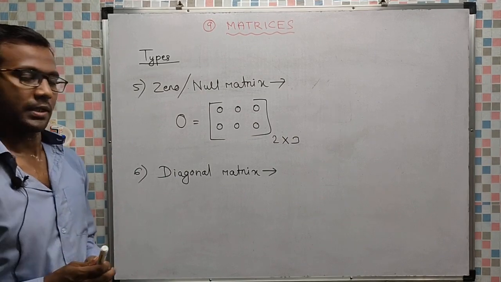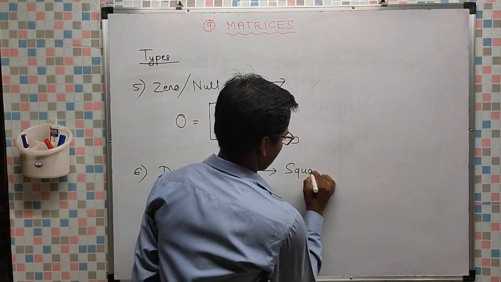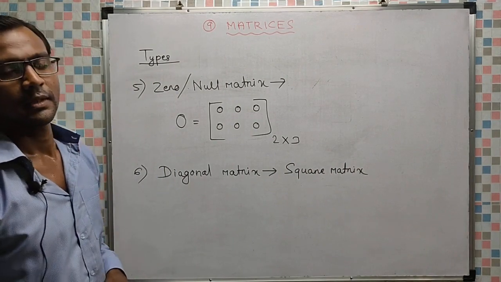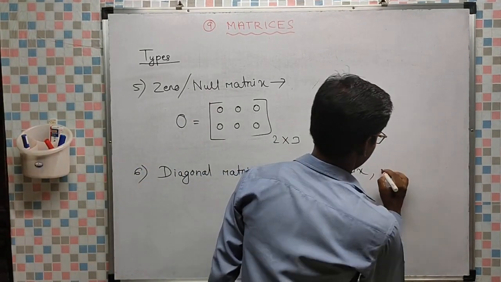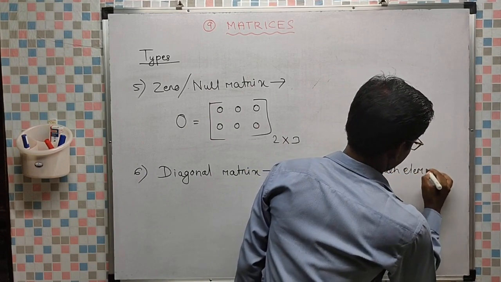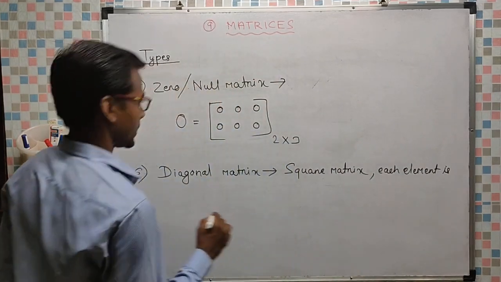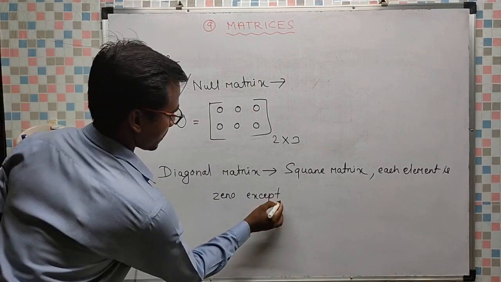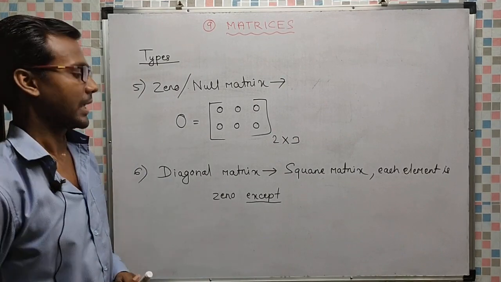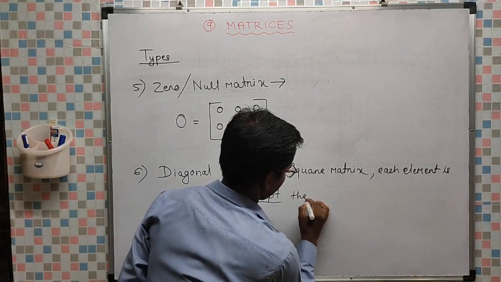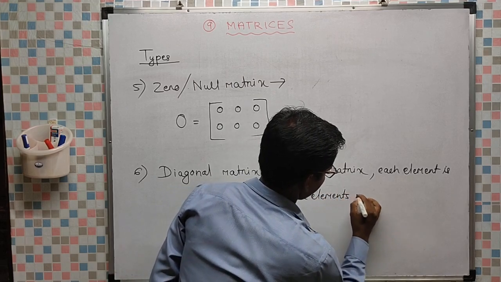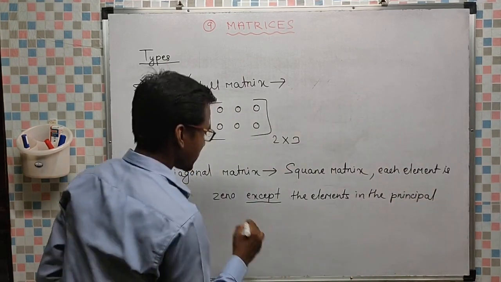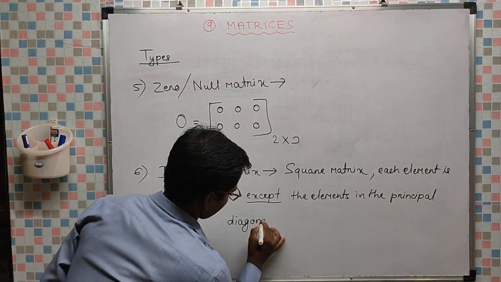It is a special type of square matrix. Remember, it is a square matrix in which each element is 0, except the elements in the principal diagonal.